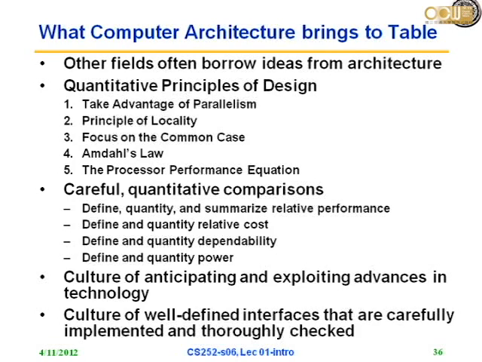So, in designing a system, we need to take advantage of parallelism and how many degrees of parallelism can I get? And we should use the principle of locality such that all the activities will happen locally to speed things up. And then focus on the common case because we always care about the majority more than the rarely happened cases.